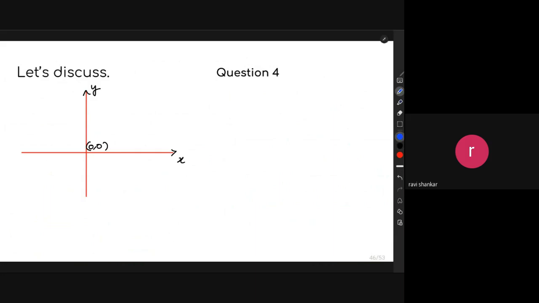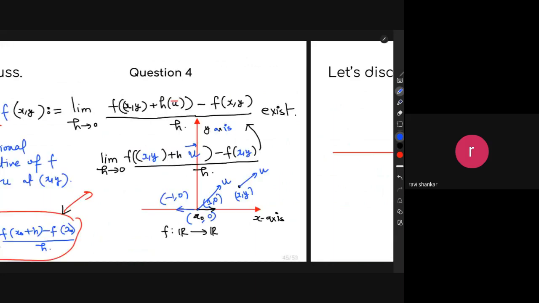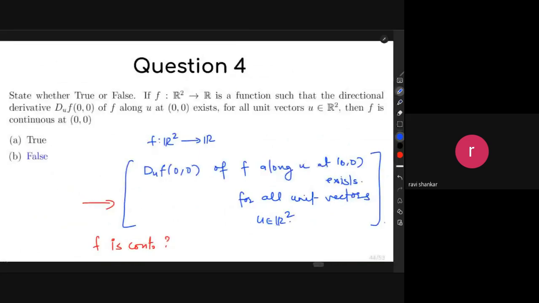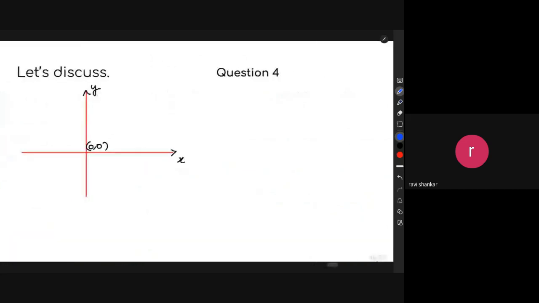Now it is given that if you take any unit vector, the directional derivative exists in that direction. There will be infinitely many unit vectors centered at the origin.